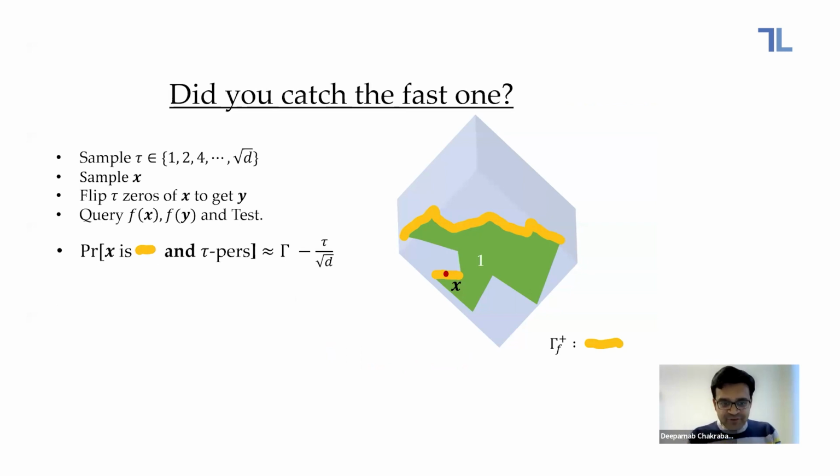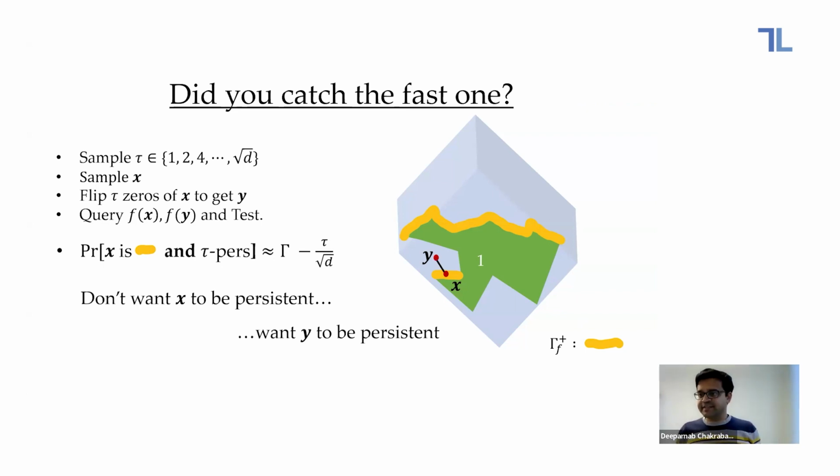So this was the argument that X is in the vertex boundary and X was persistent, I guess tau minus 1 persistent. This is all fine. There is nothing wrong here. But the point is, I don't want X to be persistent. So let's go back. And again, I'm sorry that I'm calling this vertex Y. This should be X prime. This was the X prime that we were talking about.